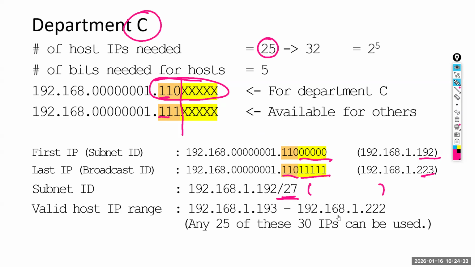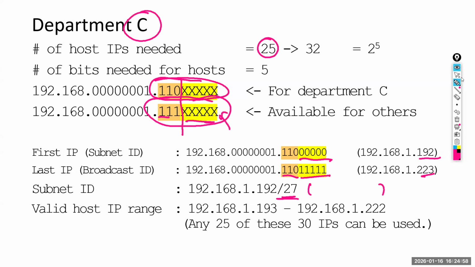Now for Department D, either we can allocate this 111 range, or you can further subdivide it into more subnetworks and keep a range for future development. Or you can allocate this entire block, assuming you don't keep any IP addresses in reserve, but this one is going to be more expandable.